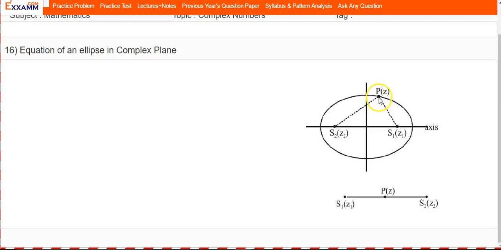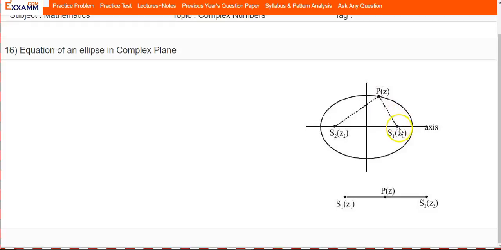Now we know that the definition of ellipse is that it is the locus of a point which moves in such a way that the sum of its distances from 2 points is constant. Here these 2 points are called foci S1 and S2, whose coordinates are given as z1 and z2, and P moves in such a way that PS1 plus PS2 is equal to constant.